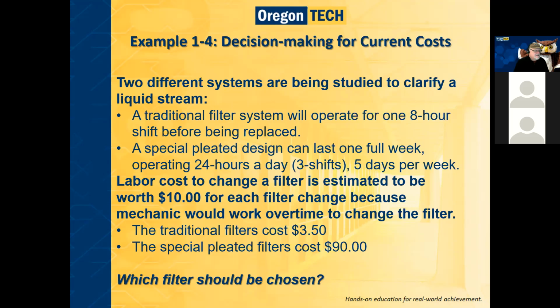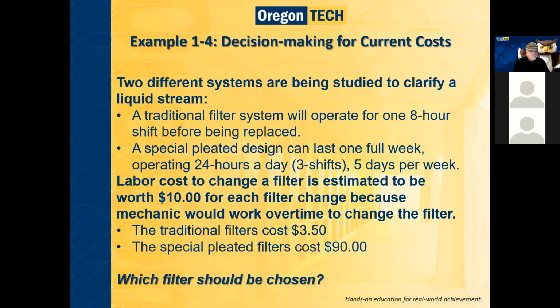Traditional filters cost $350. Okay, those you can say calculate how many of those equal a 1 hour, or excuse me, 5-day week, 24-hour, 3 shift. You can multiply that out to figure out are the filters themselves more or less cheaper than the $90 of the new filters, but there's an additional cost which is called labor cost to change the filter.